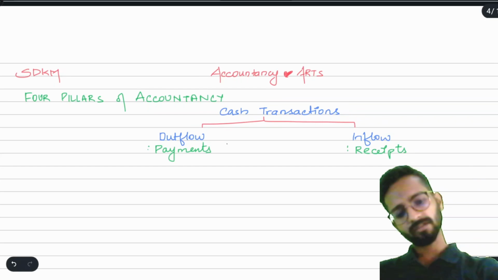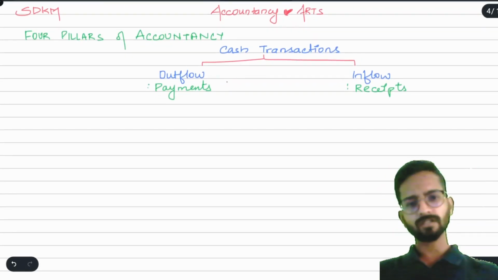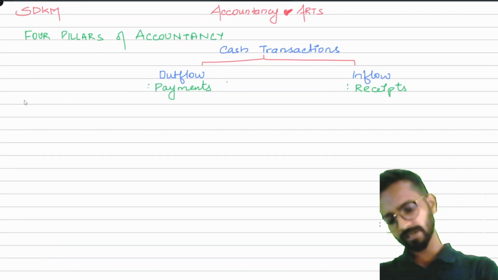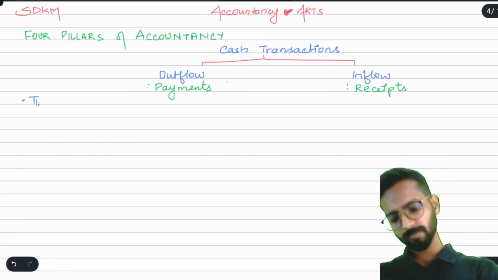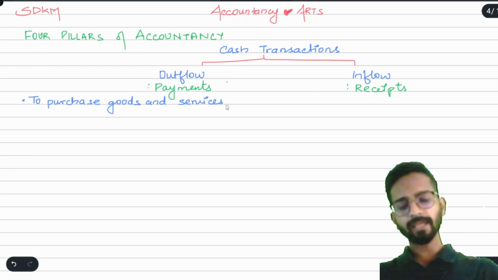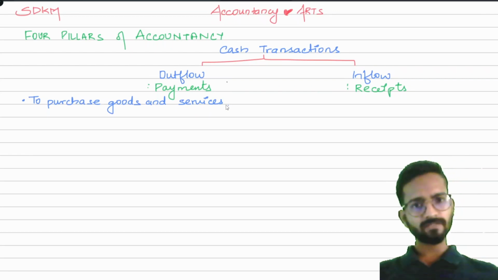Now understand, why do we make payment? You will say, sir, we make payment to purchase goods and services. Fair enough. So I can write here, we make payment to purchase goods and services. Can I basically say that I am making a payment to receive some benefit?